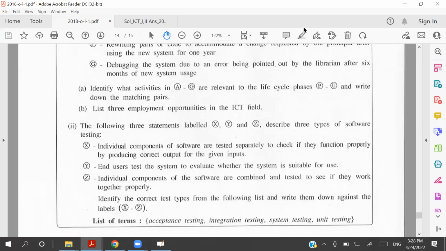So there is a very big list. Let me know if you got any alternative answers regarding that, and I'll tell you whether it is correct or wrong. Yes, system developer, yes, we can.